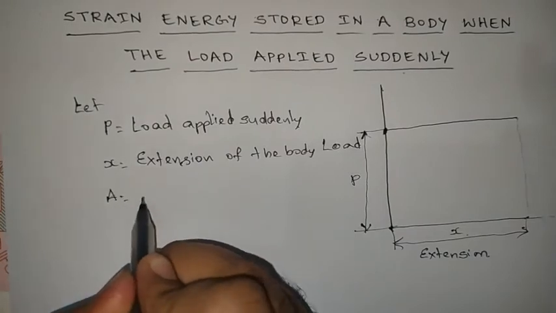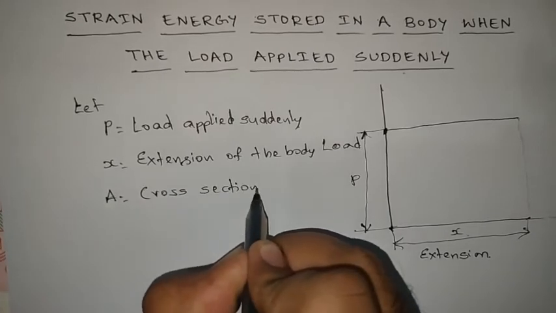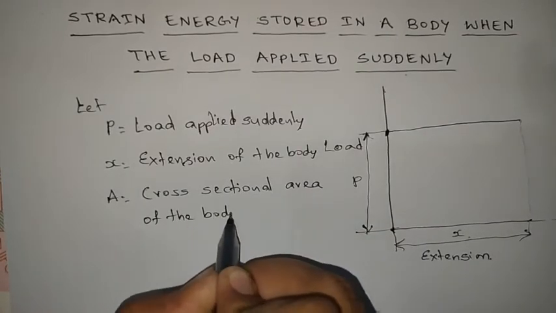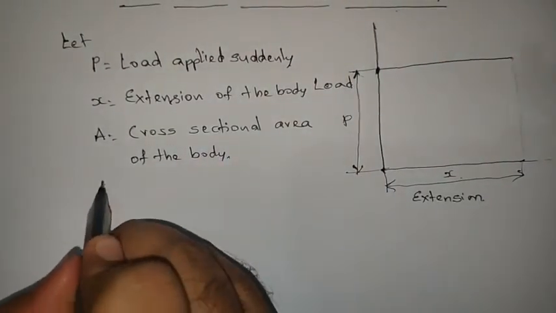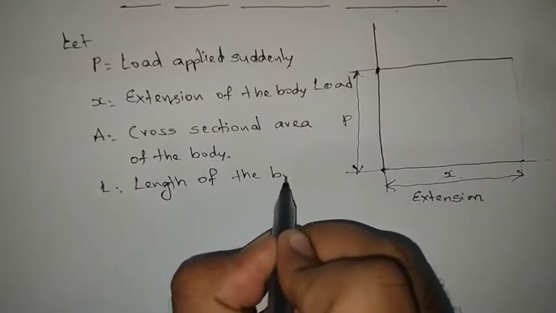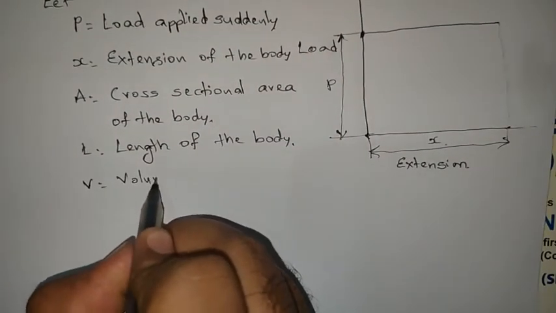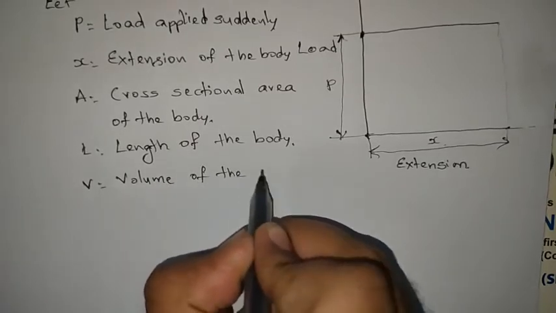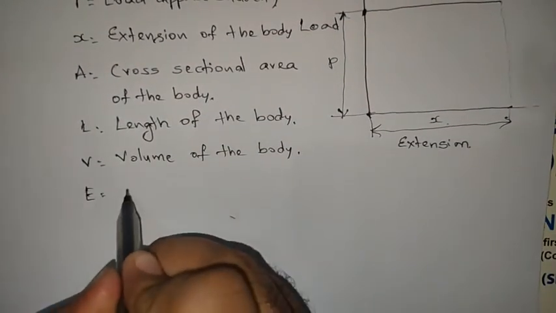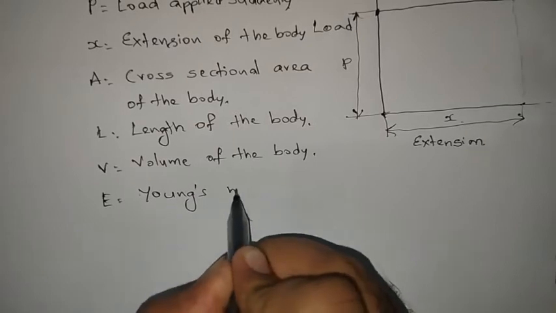A is the cross-sectional area of the body, L is the length of the body, and V is the volume of the body, and E is the Young's modulus of the material or the body.